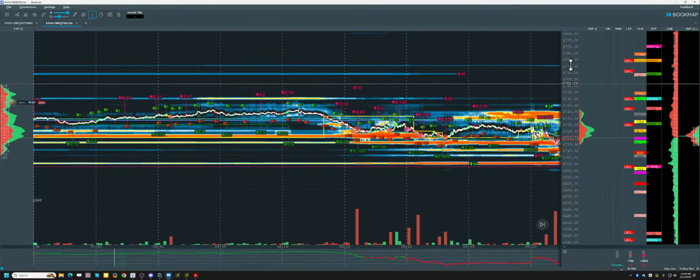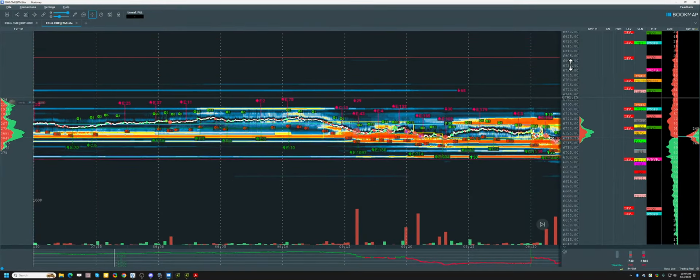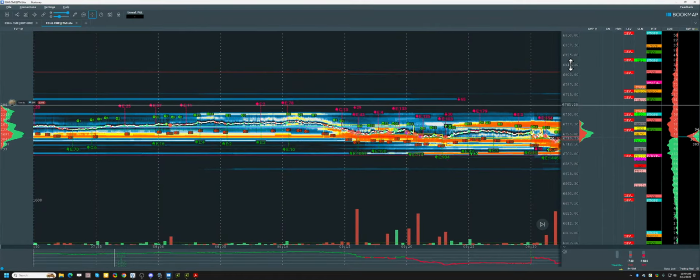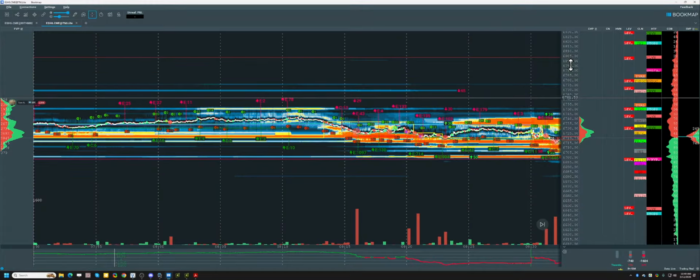Let me try to find it here. Hold on a second. I lost it, I think. ETH high. I lost the ETH high. Is that at 69.75? Really? Is that correct, guys?